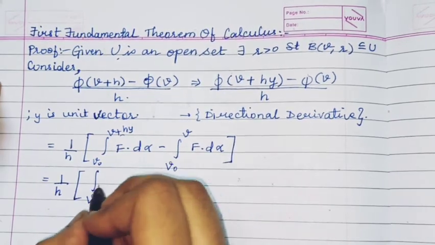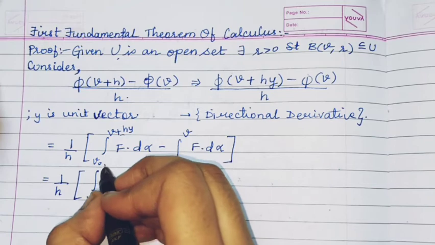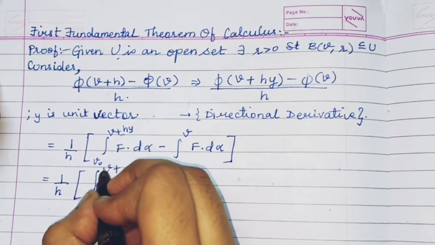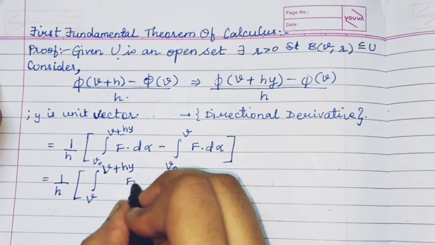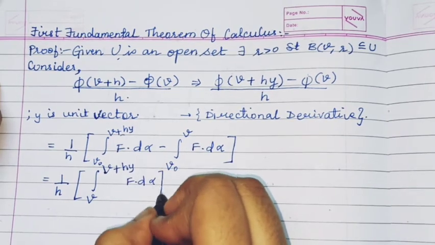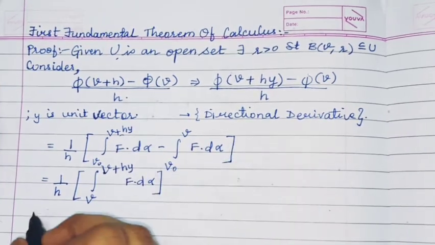Now interchange the limits of the second integration, so we get the integration from v to v plus hy of F d alpha.